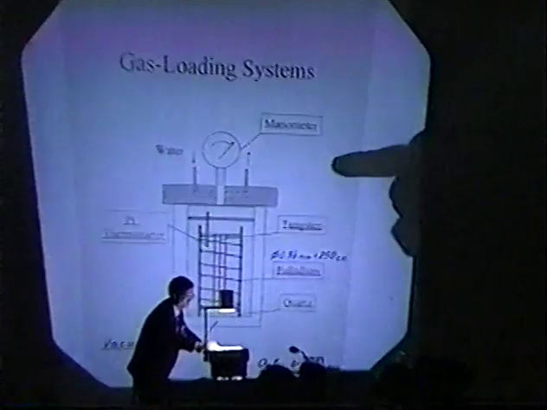Yes, I was wondering how you measure the temperature inside your chambers. Specifically, could it be that there's a slight effect of your temperature indicator on the gas? I didn't hear how you measure your temperature. Okay. That's very important. If I were to improve my system, I would do this.